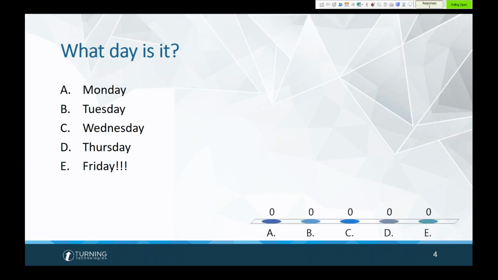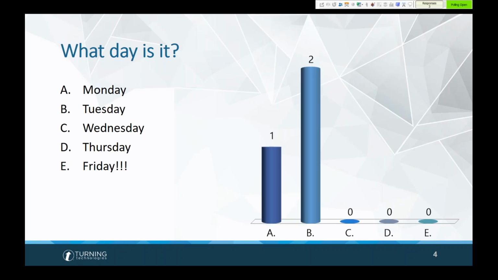Now, if you guys remember correctly, I do have this one set up so that as you make your selection, the graph is going to change live with it until I close polling. So I'll give you guys a second if you want to change your answers a few different times to see the graph change.